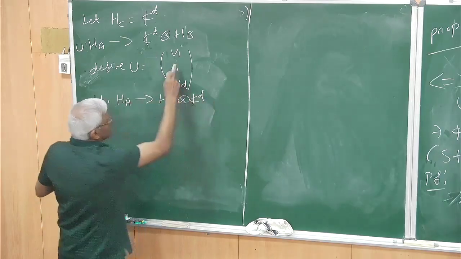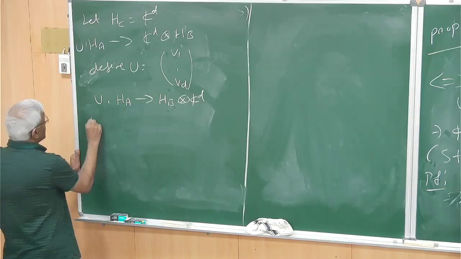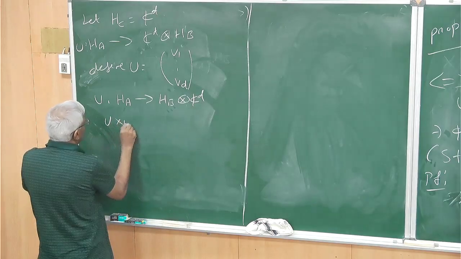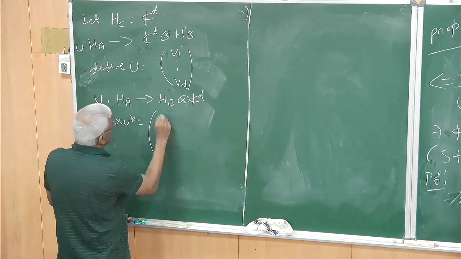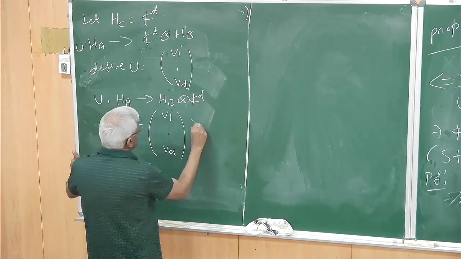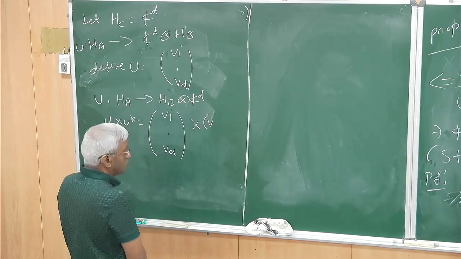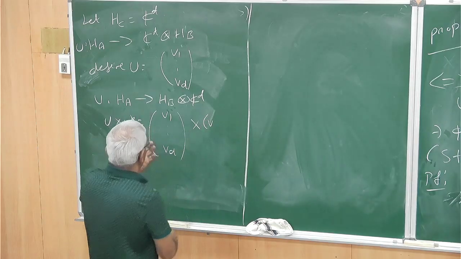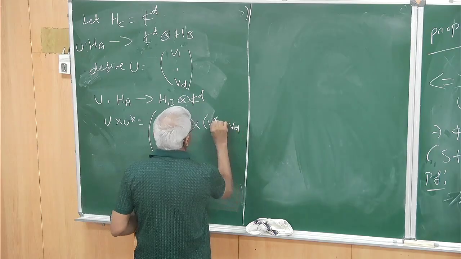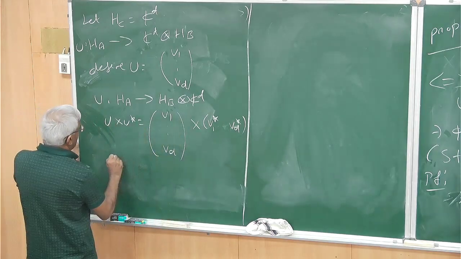Now it's correct. So now we have U star there. So now U X U star equals V_1 up to V_d times X times V_1 to V_d star. Now it's correct.